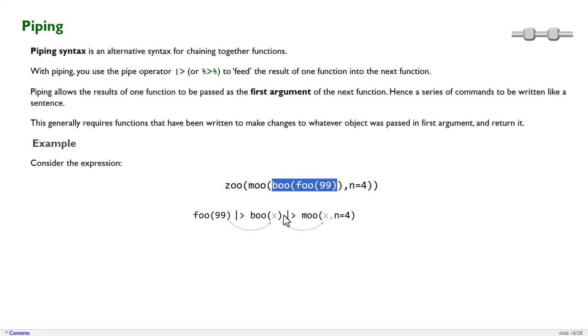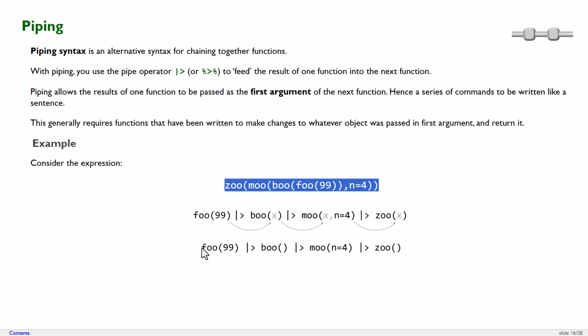Then R will evaluate that and pass the results to the next function, which in this case is moo. The moo function also has another optional argument, so that can be added after the first argument is omitted. And then finally we pipe that into zoo. So when all is said and done, this expression can be rewritten like this, which is a much easier way to read the function, right?